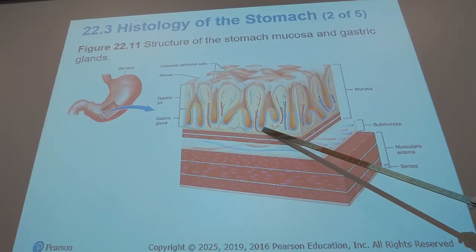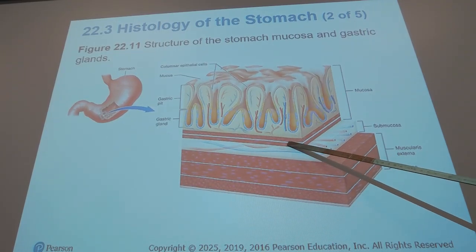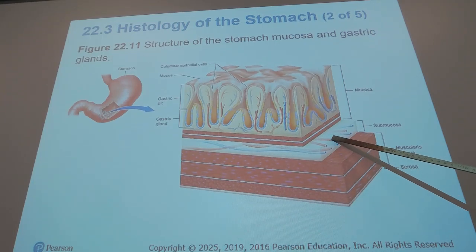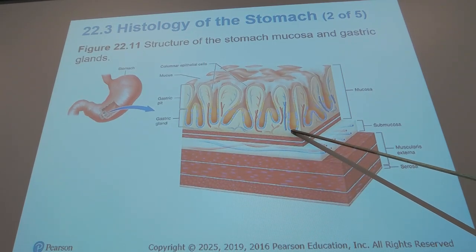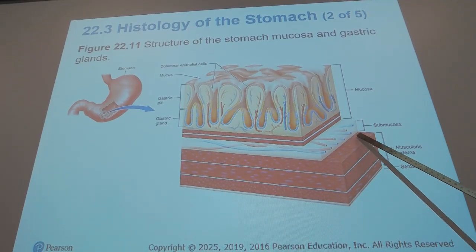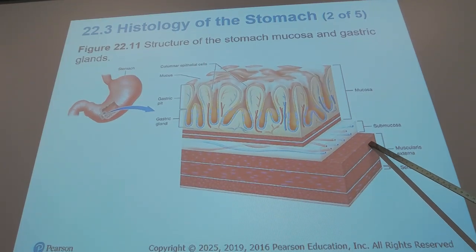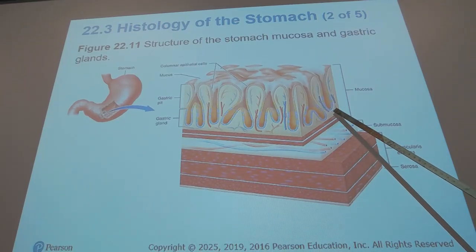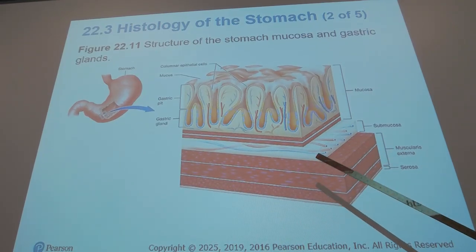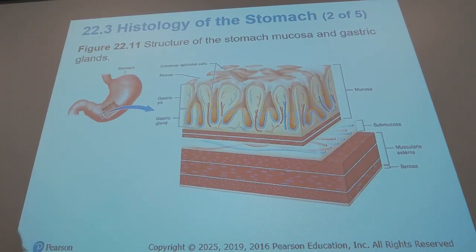And then underneath this epithelium, we have the submucosa with blood vessels that provide blood supply to this epithelium indirectly, oxygen and nutrients. And then underneath, from this submucosa, we have this muscularis externa with the 3 layers, and then we have the serosa. And somewhere around this area, it's not shown here, we have MALT, mucosa-associated lymphoid tissue.